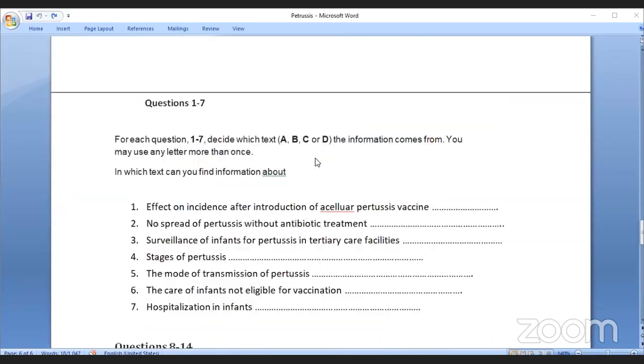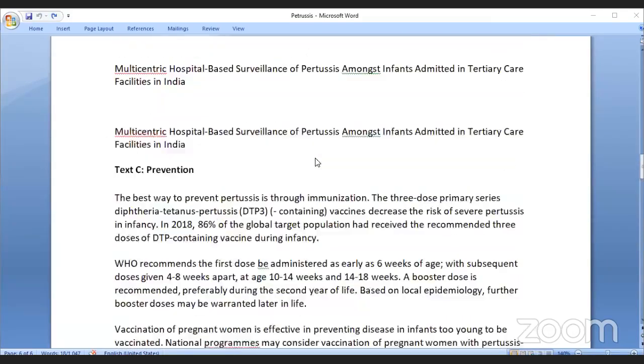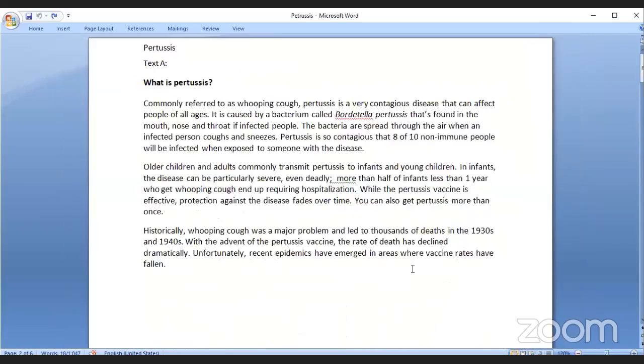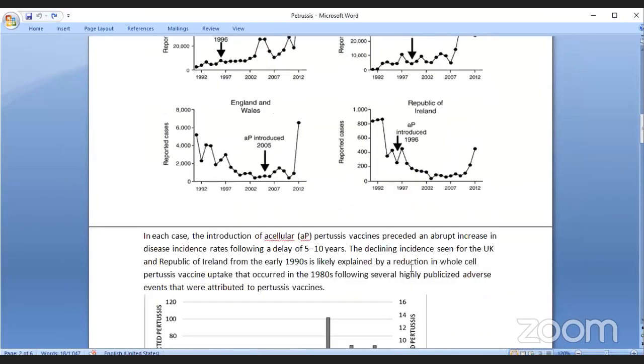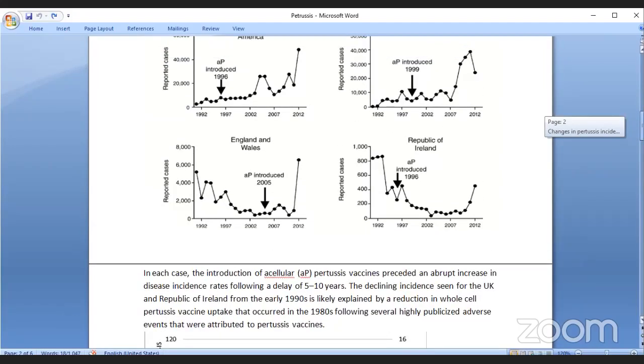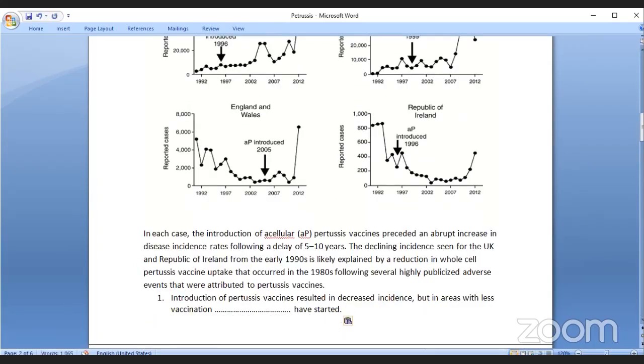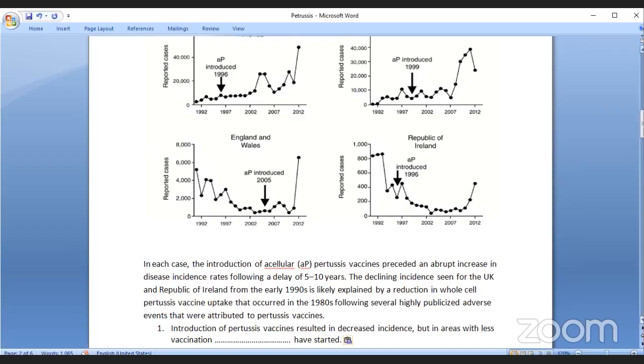In B, okay? In B, the graphs. Here you have your four graphs, and here is the text also. And here is your question. Please try to answer and write your answer in the chat.